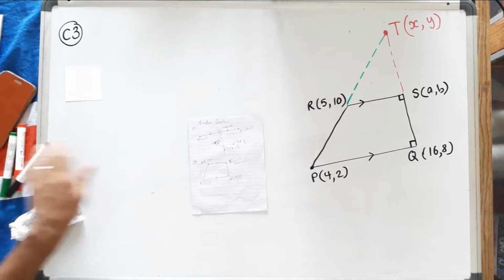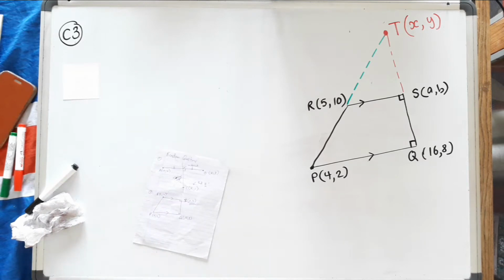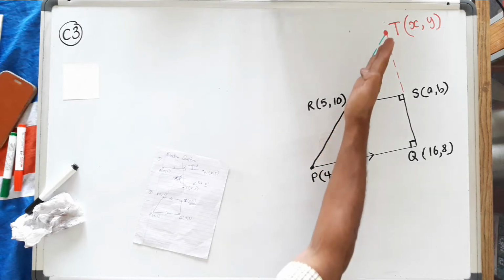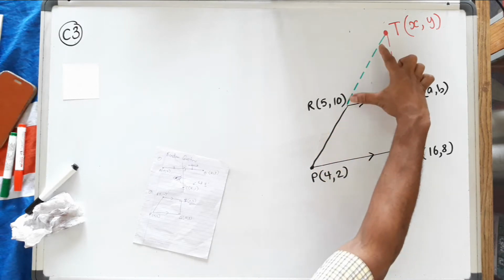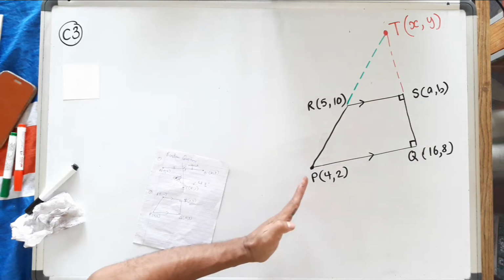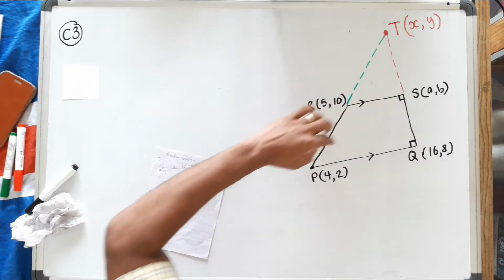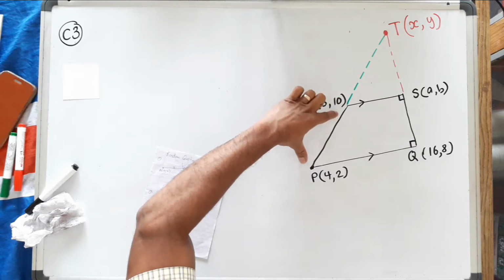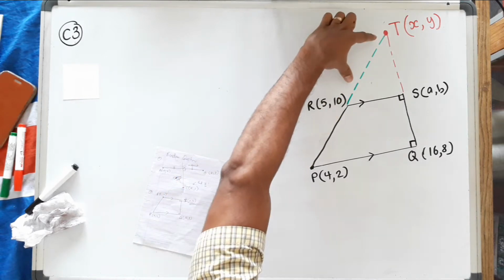So let me tell you how to go about this question. First of all, we need to find the equation of this line. Now, this line and this line, the black part and the dashed green line, are basically the same line. So this entire line has the same equation as this portion and as this portion.